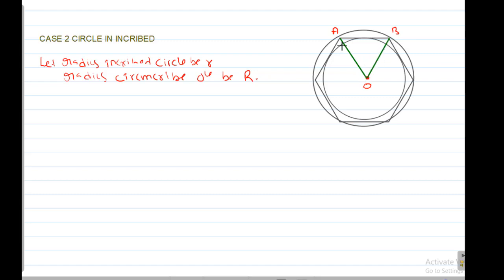Automatically OA is capital R and OB is capital R. From O, draw a perpendicular on AB, or join the point of tangency. So this is the point of tangency. Automatically here 90 degrees. So this is M. With the same argument, AM is equal to MB equal to a by 2.